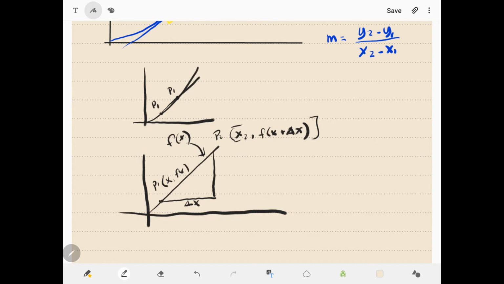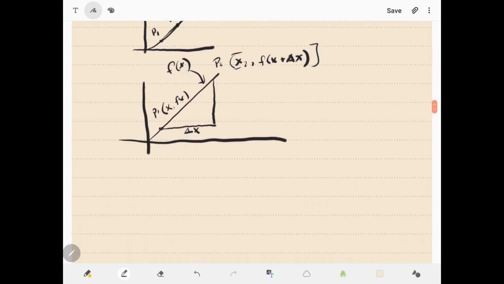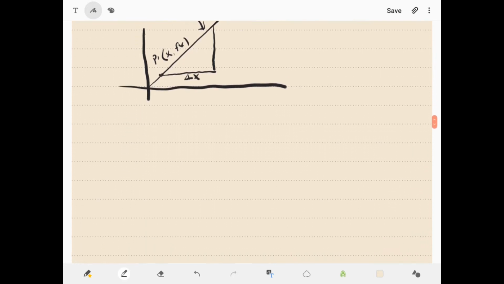We can now solve the formula of derivative with respect to the curve.